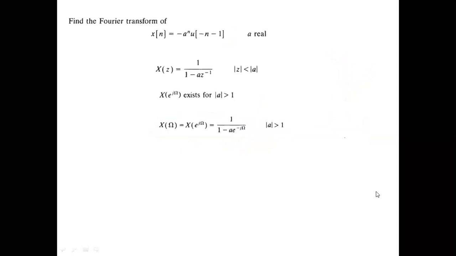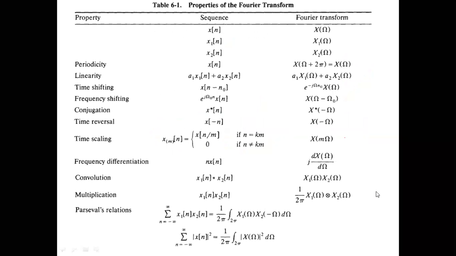Now there are properties of Fourier transform. On your notebook, I hope everybody has Ganesh Rao or the solution manual. Yesterday I uploaded the Signals and Systems Schaum series; just go through it. There, all the proofs have been neatly given for all the properties of Z transform, the discrete time Fourier transform and continuous time Fourier transform.